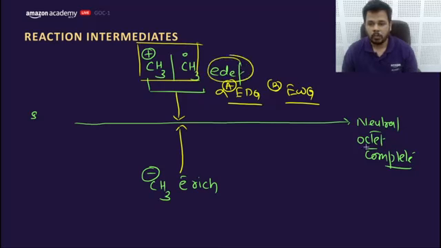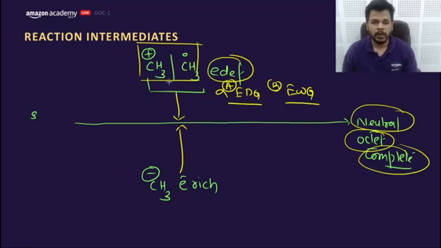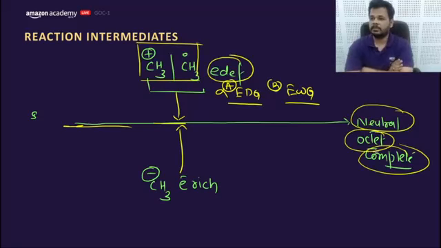They want to convert into a neutral species with a complete octet. Who will help them achieve this, an electron donating group or an electron withdrawing group?